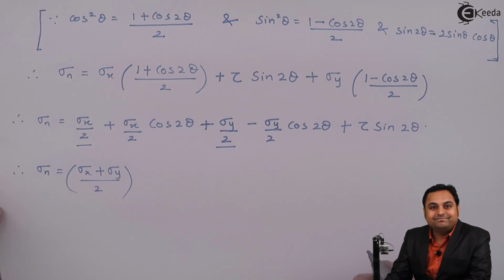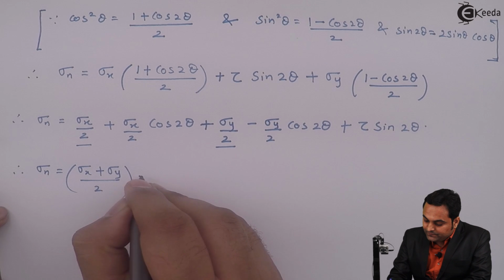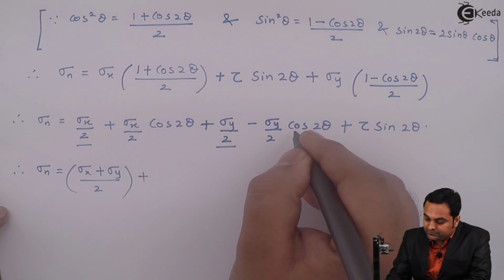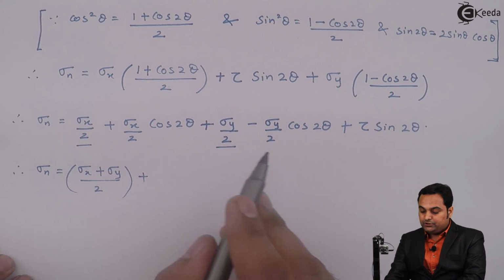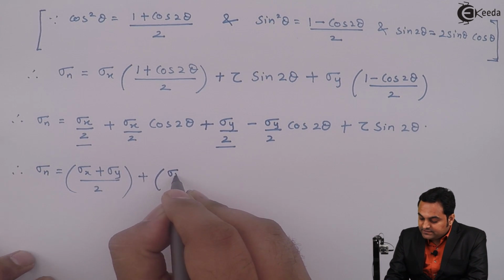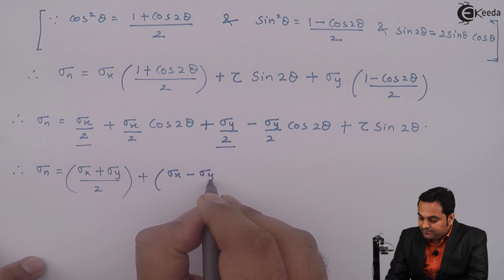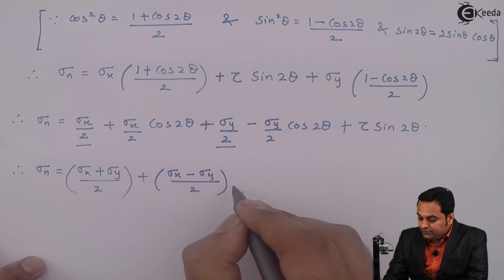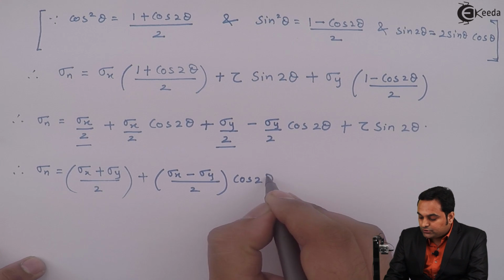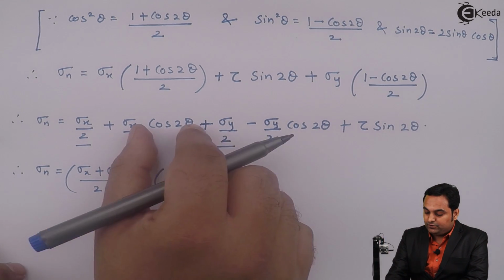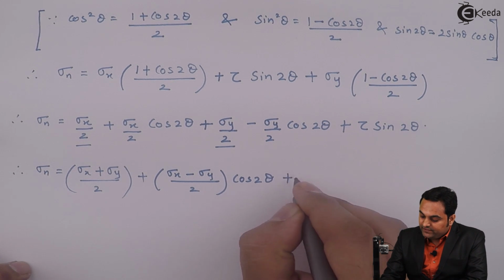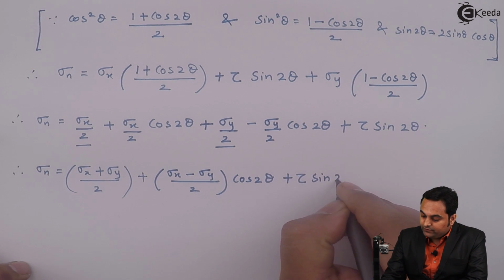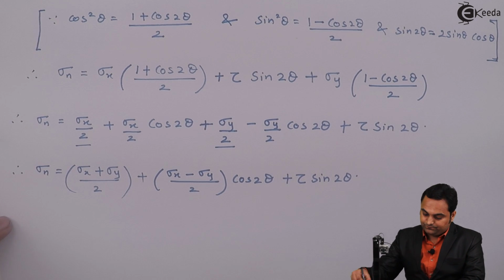Next, plus from these two terms, as I can see here, cos 2 theta can be taken common, so it can be written as plus (sigma x minus sigma y) by 2 into the bracket cos 2 theta, because I can take cos 2 theta common. Next, at last we have plus tau sin 2 theta.